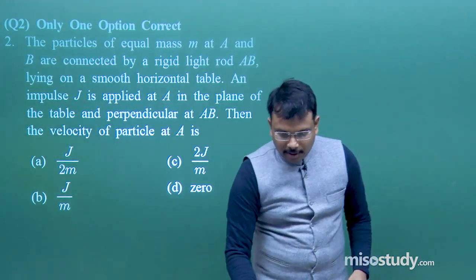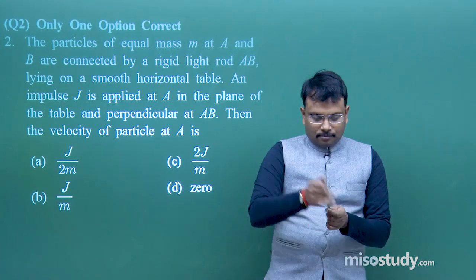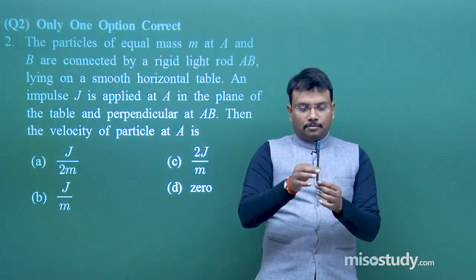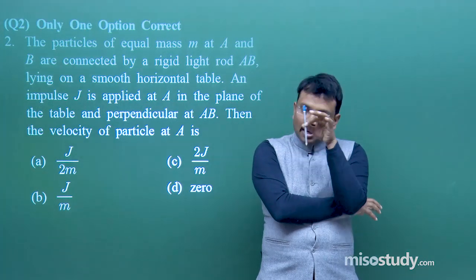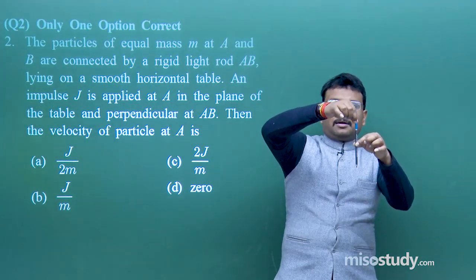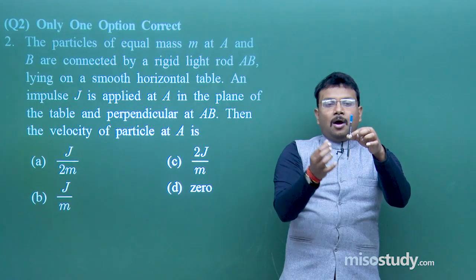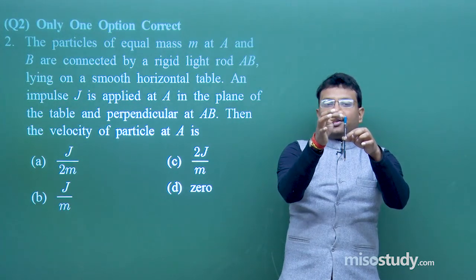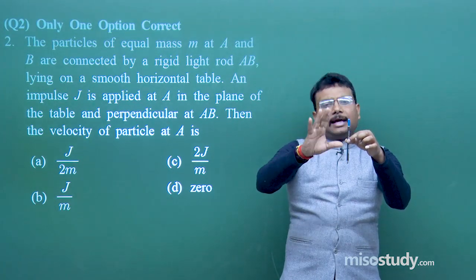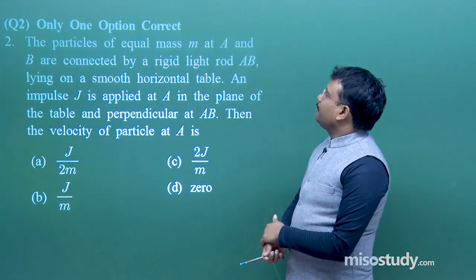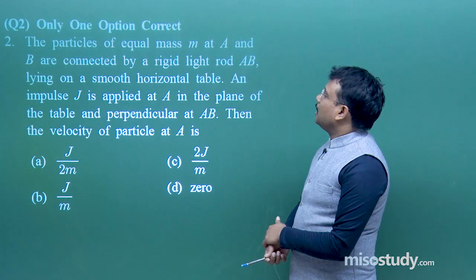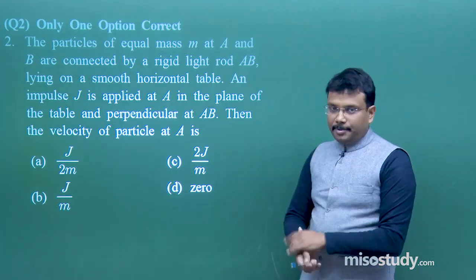It is like this way. I have this rigid rod. There are 2 points A and B. 2 particles of same mass m and m are attached, fixed like this.